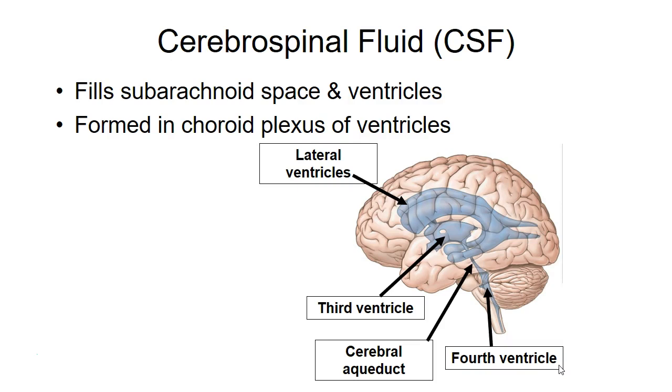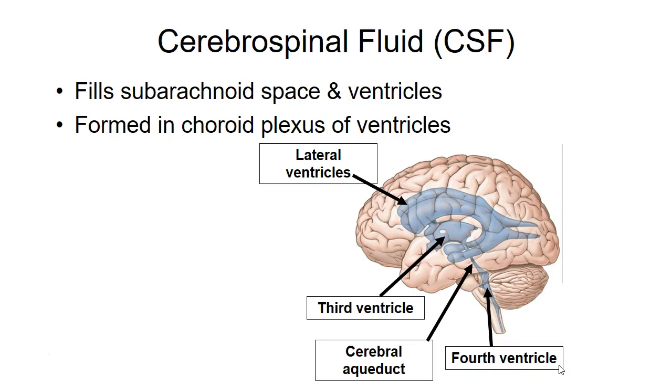All right, so it turns out cerebral spinal fluid is going to be formed a lot of times in this choroid plexus of the ventricles. There's specialized cells that do a lot of filtering, and so the cerebral spinal fluid can be considered filtrate from the nervous tissue.